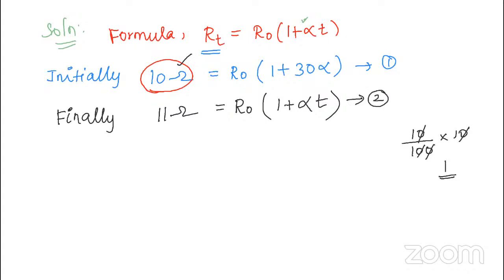As usual, we divide 2 by 1, and we will get the answer. Up to this, is it clear how to write equations 1 and 2?